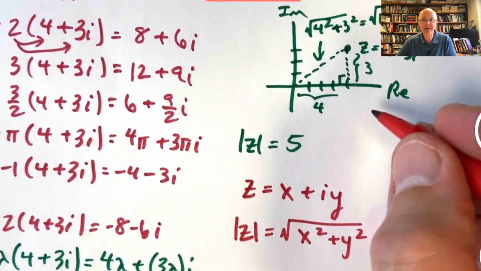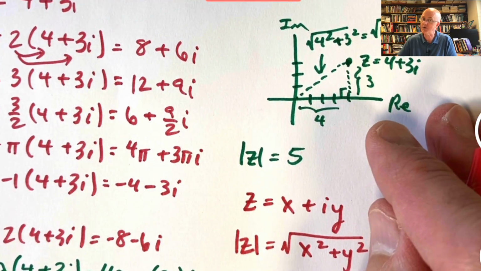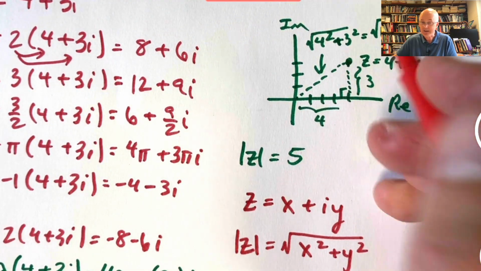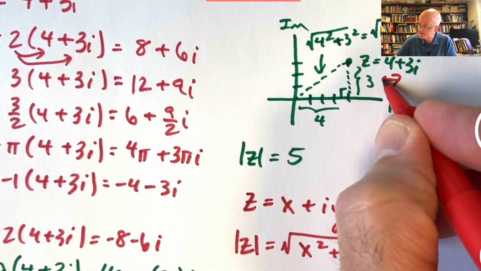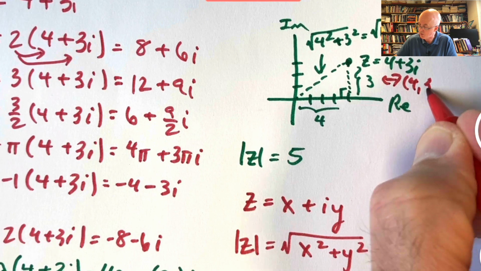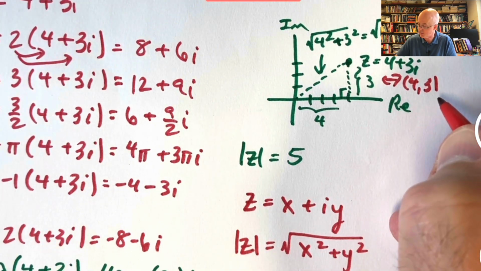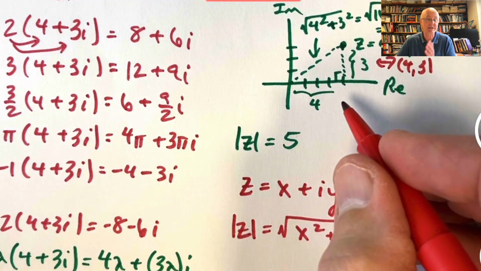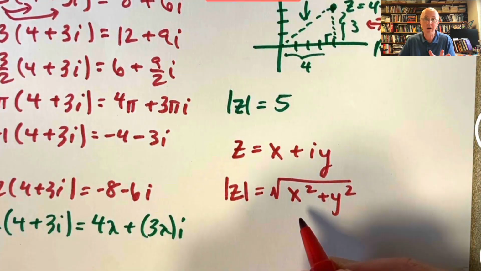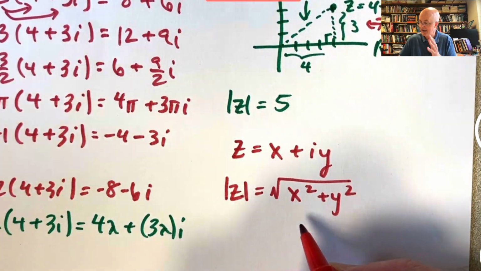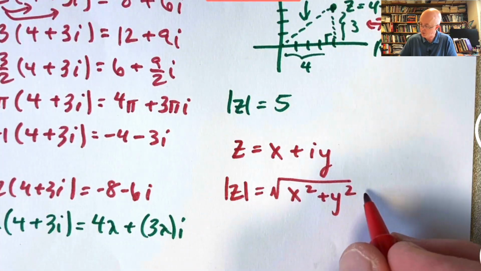I'm thinking purely in terms of an ordinary kind of plane when I draw the complex plane. I'm thinking of the points as being complex numbers, but I can remember, think about this in terms of real coordinates. This corresponds to the point with real coordinates 4, 3. I can think of in terms of the ordinary Pythagorean theorem. In this formula, there are no i's. This is a real quantity, and in fact, it's greater than or equal to 0, no matter what x and y are.